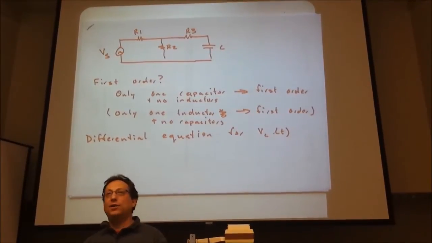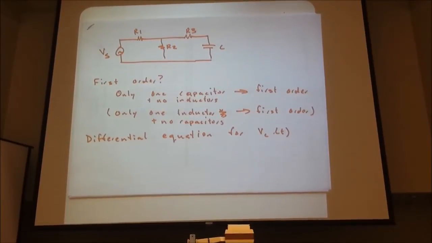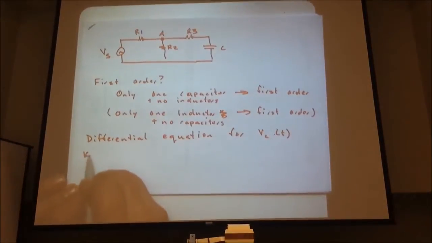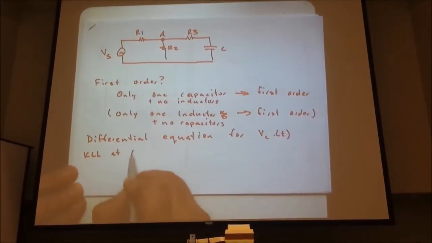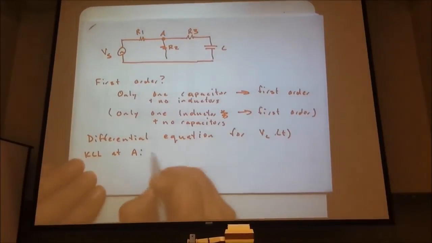Where do we always go back to? Circuit analysis. We go back to the unit 1 material, and we do either a KCL or a KVL. I favor KCL. Let's look at A there. So KCL at A.